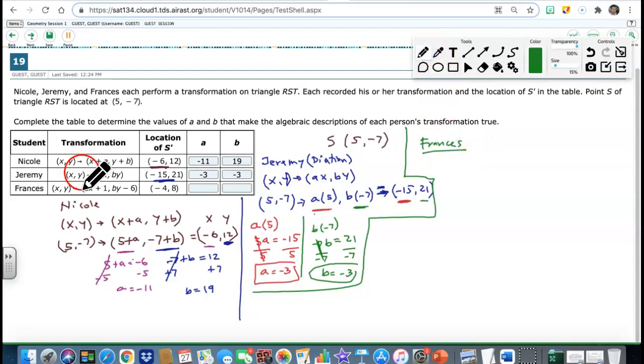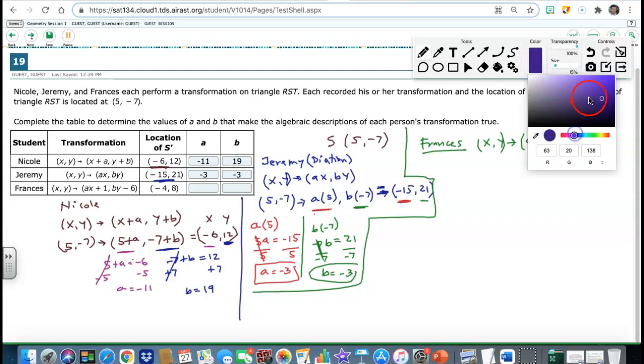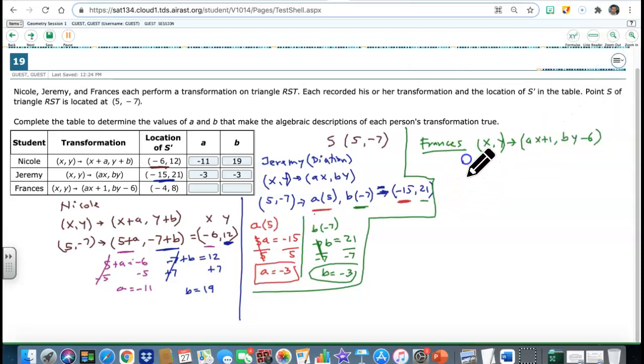So this is Francis. Francis turned the xy into 8x plus 1, comma, by minus 6. My original point is 5, negative 7. Same process as before. My original is 5, negative 7, and Francis turned it into 8x.